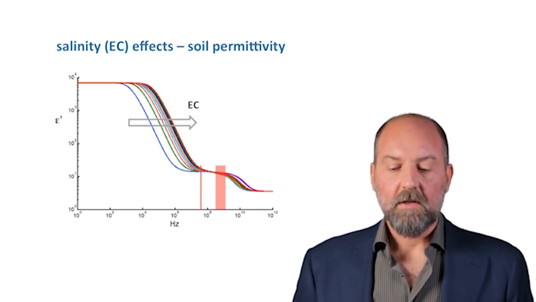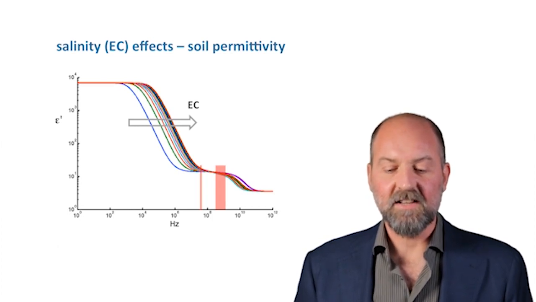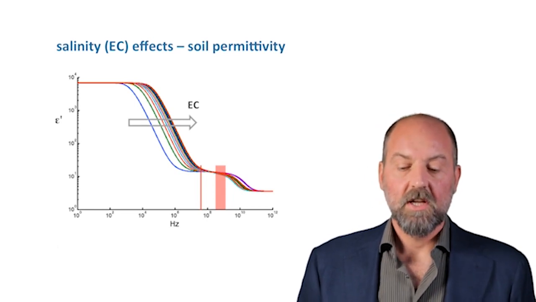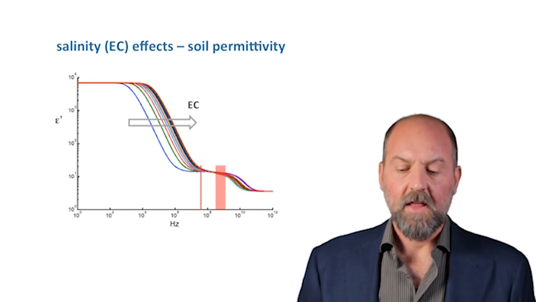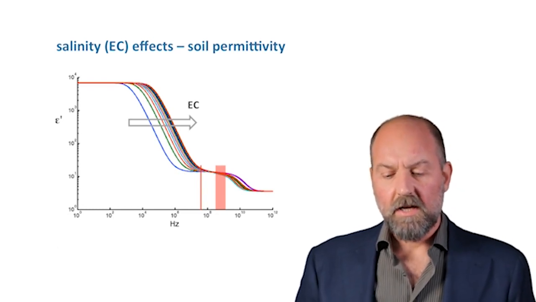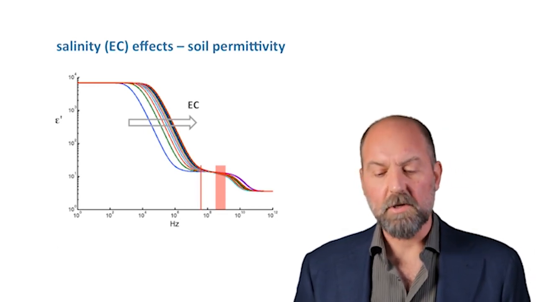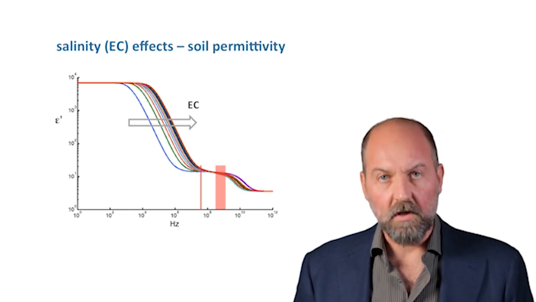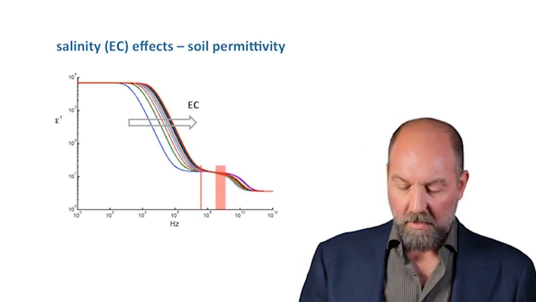The main effect is at low frequencies. And this is because the relaxation frequency for the Maxwell-Wagner polarization turns out to depend quite strongly on the electrical conductivity. And there is also a less pronounced effect in the high frequency range, and this is because the changing conductivity also affects the behavior of the bound water.